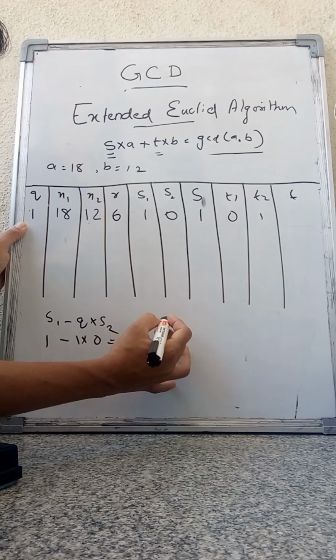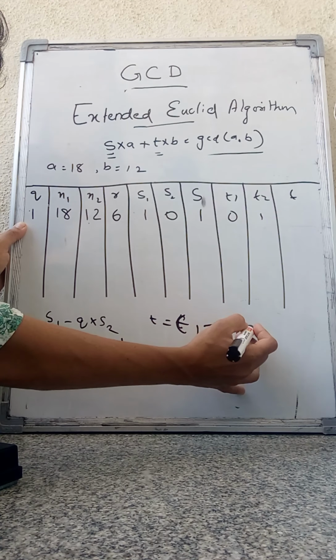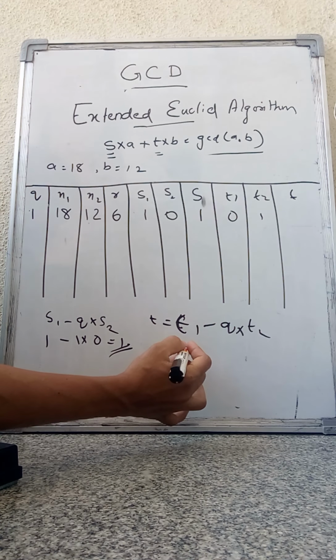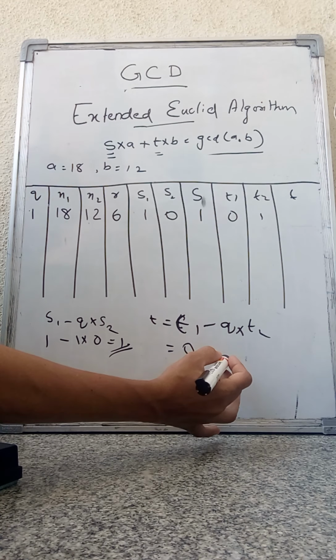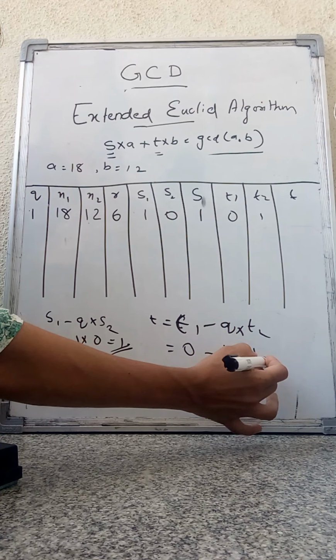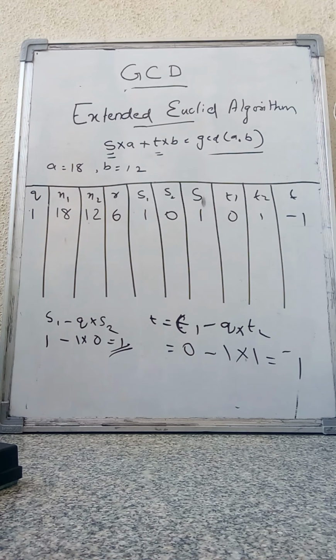And t is equal to t1 minus q into t2, which is 0 minus 1 into 1, which is equal to minus 1. Clear, right? First step is clear.